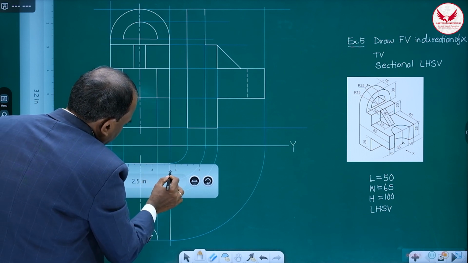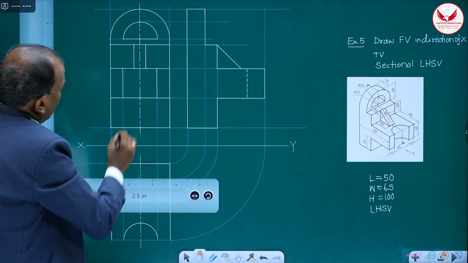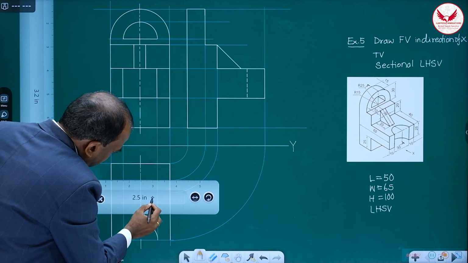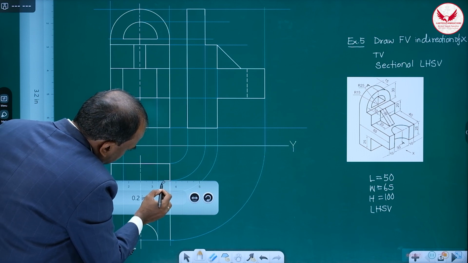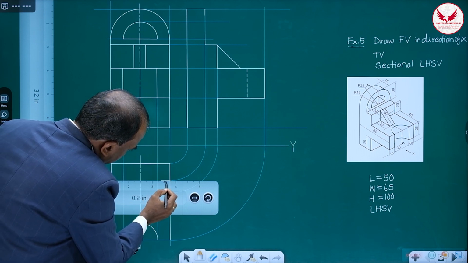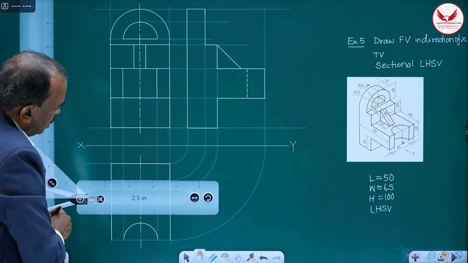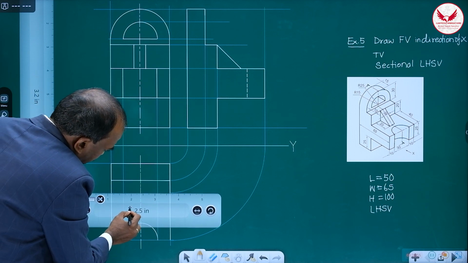Then it's 50. Then that topmost portion has a rectangle of 15, and its projection we have taken. We have taken this projection. It is 50. Then after that, one more rectangle of 10.